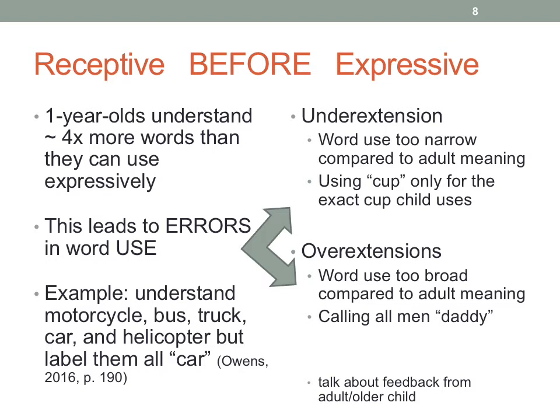So let's take an example. They may understand the words motorcycle, bus, truck, car, and helicopter, but label them all car. So they may have some receptive knowledge when they see those vehicles that they are different, but they don't yet have all the words for them, and so they will call them all car.